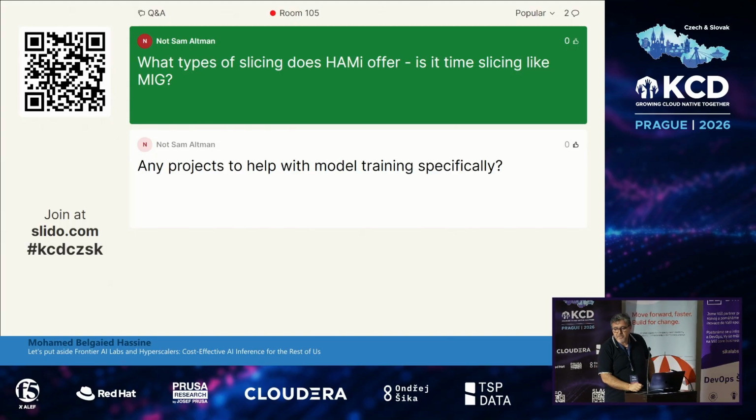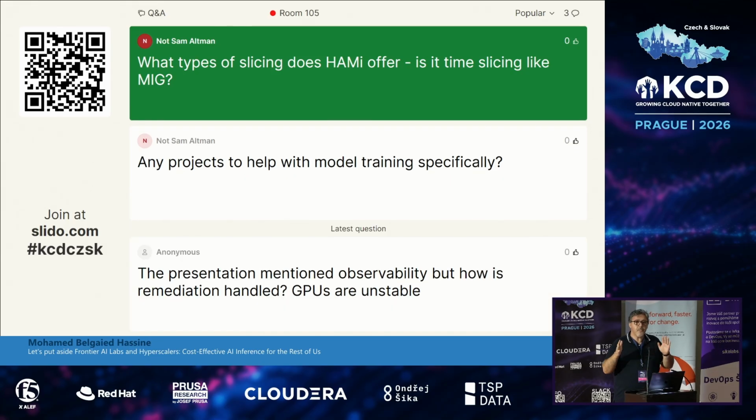The question is, what types of slicing does HAMi offer? HAMi actually supports multiple types of slicing. There is the HAMi slicing that is the equivalent of the vGPU approach in NVIDIA. It really intercepts the GPU calls and translates them, I would say. So it's very close in terms of performance to native vGPU from NVIDIA.